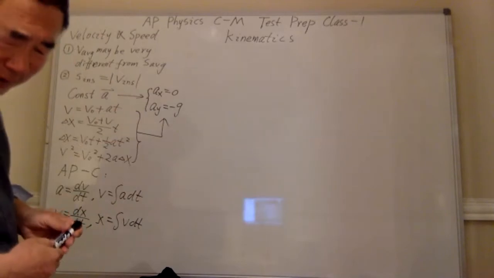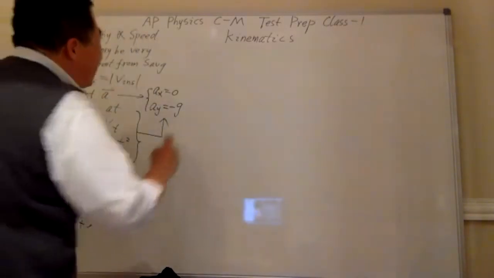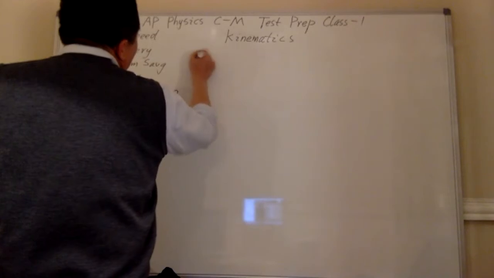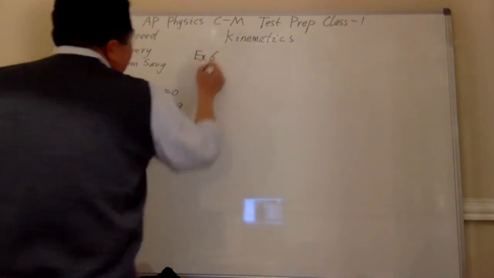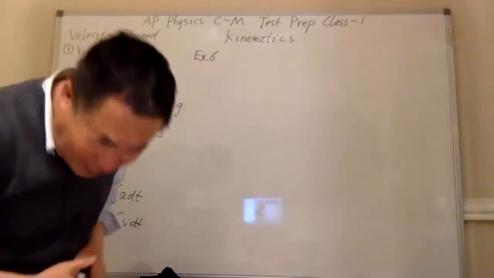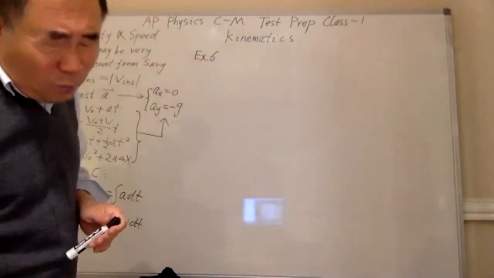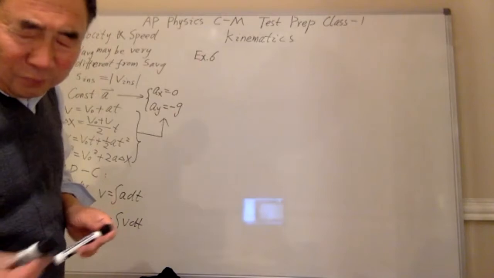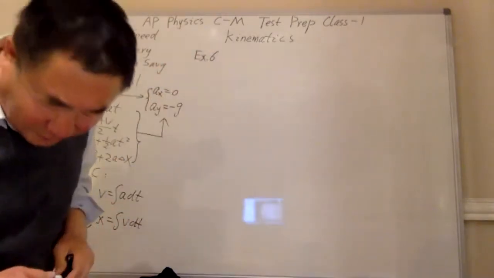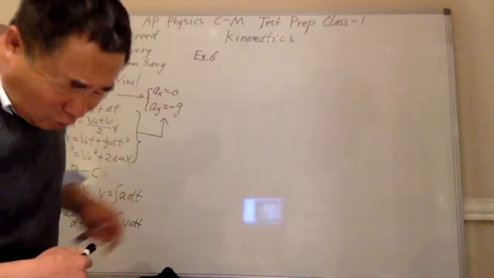Let me give you the example, example 6. This is basically the hardest question they can give you on this part. Some schools do it as homework, but in the real test I think it's still too hard.